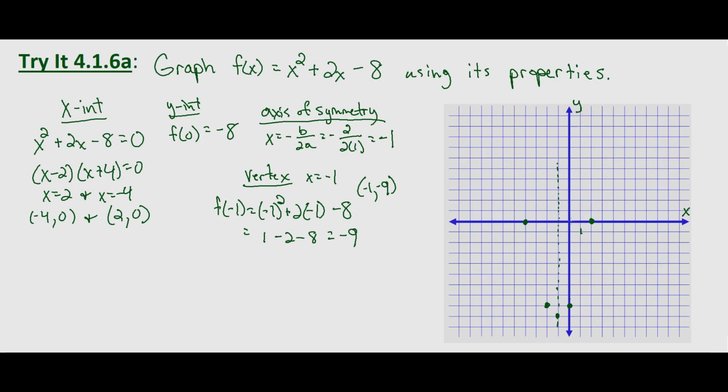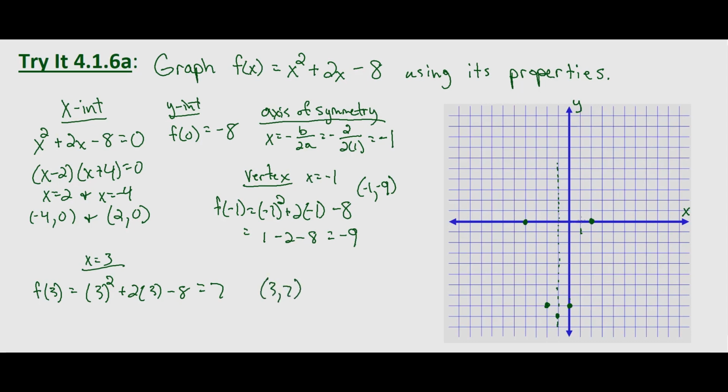What about if x equals 1, 2, 3? So at x equals 3, f of 3 equals 3 squared plus 2 times 3 minus 8. That equals 9 plus 6 is 15 minus 8 is 7. So that gives us the point 3, 7.